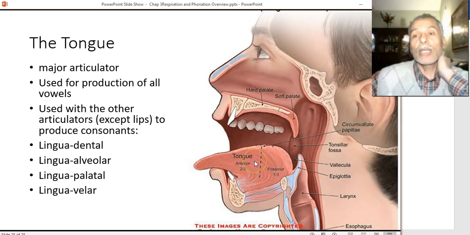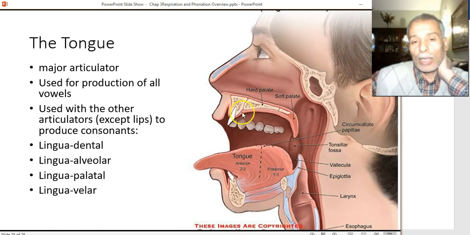So the tongue is the major speech articulator, and it can come between the teeth to produce th and the. So this way you can call these sounds, th and the, linguadental, the only two in English.